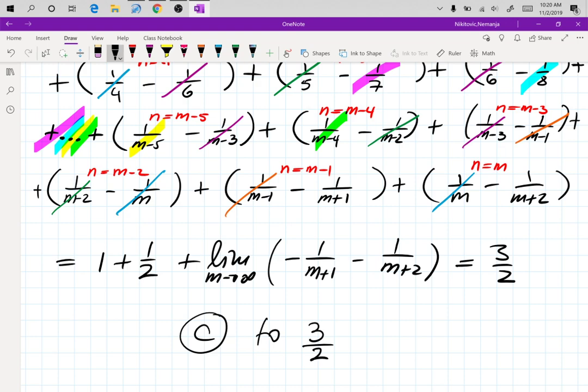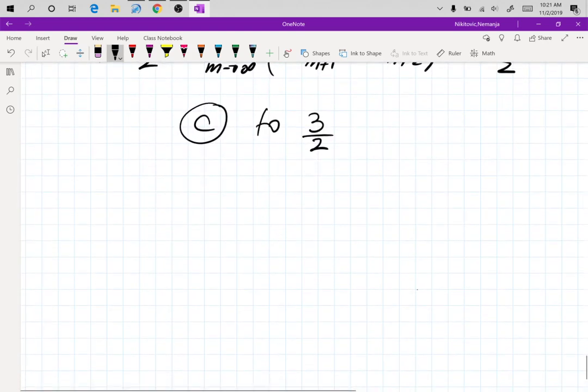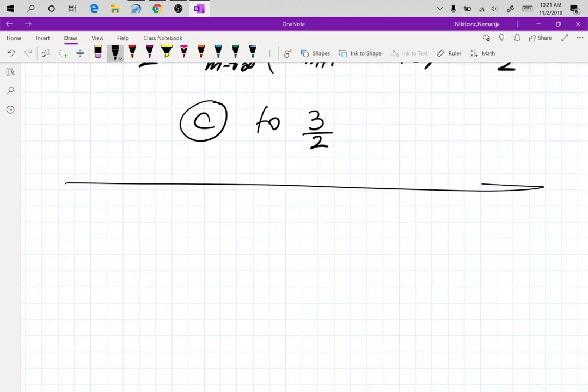Now, the question is, can we make this more interesting? And the answer is always, of course, we can. Everything in math you can make more interesting.